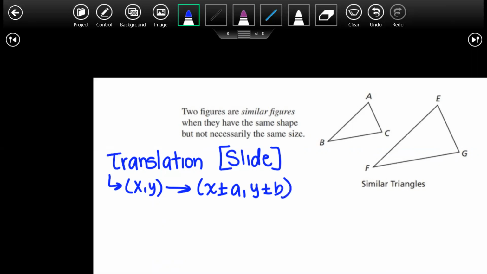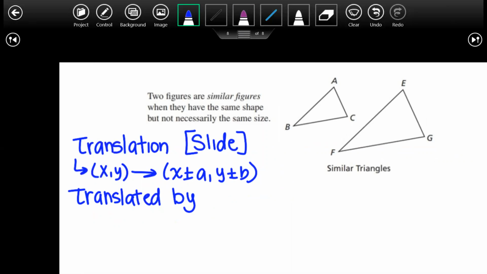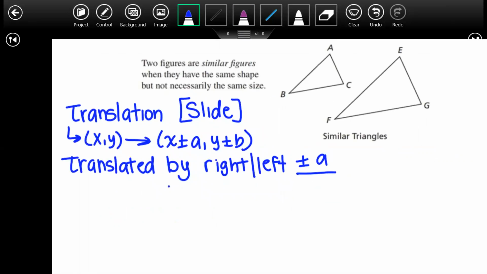And the way that we vocalize these is we say translated by right or left plus or minus a units, whatever that happens to be, and by up or down by plus or minus b.